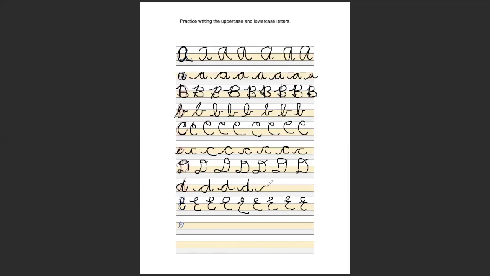When you're at home, you can even get writing paper and practice the letters we didn't go over today. Next week, I'm going to go over some more uppercase letters. That way we can try to learn all of them.